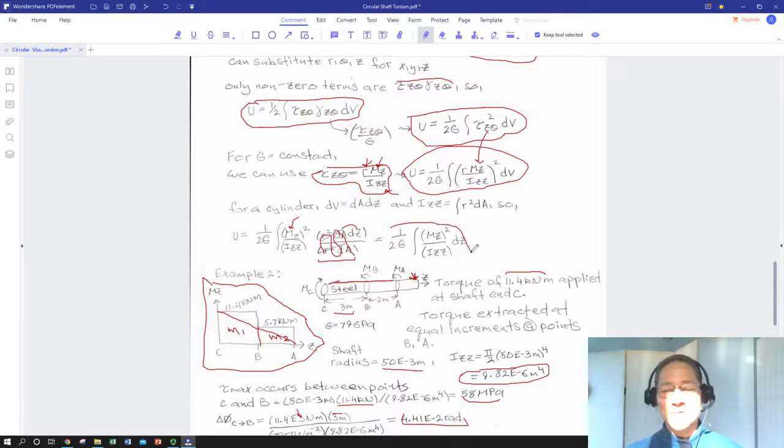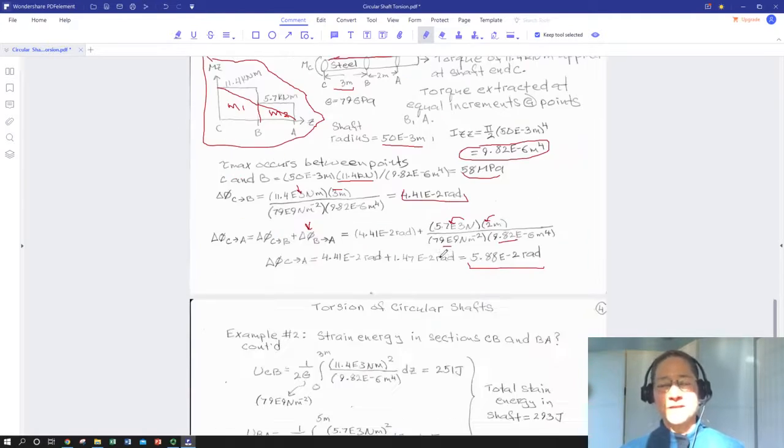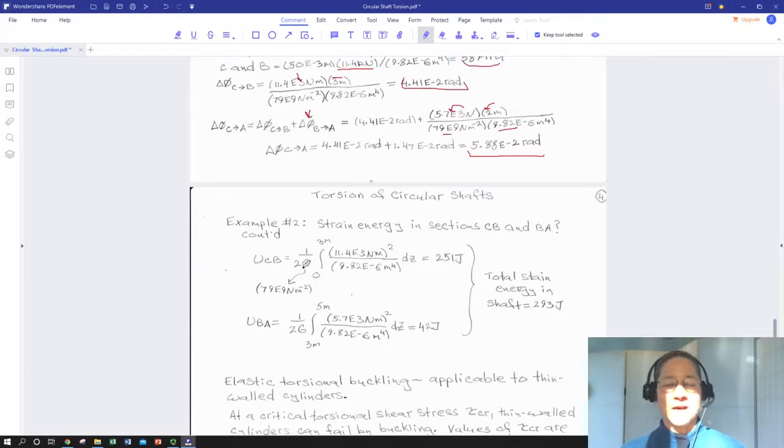We derived this expression, so we can deploy it, and so we can get strain energy for each of these appropriate sections. So we can use that, again pulling our 1 over shear modulus out of the integral. We can get the strain energy, which in this case is of course all due to shear, from 0 to 3 meters, our high moment area, using moment squared over polar moment of inertia, integrated over the full 3 meters. I get 251 joules.